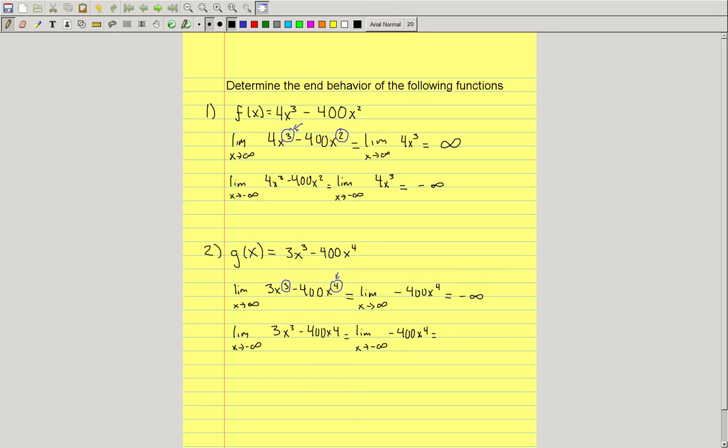And now we evaluate the limit based on this information. x is being raised to the fourth power. Because 4 is even, x to the fourth is always going to be positive. And negative 400 times a positive number is a very large negative number. So we say that this limit is also equal to negative infinity.